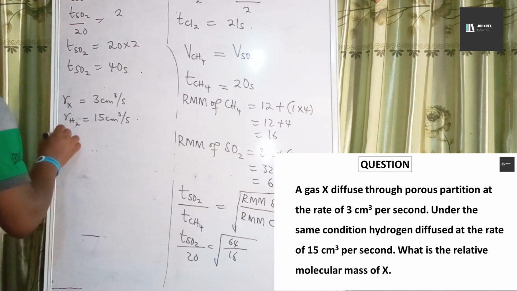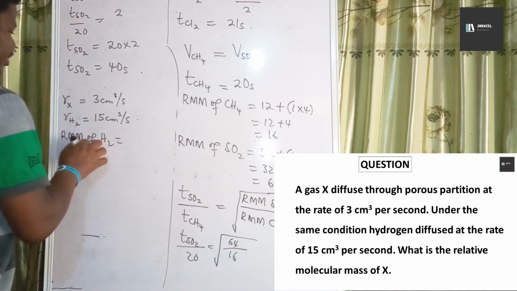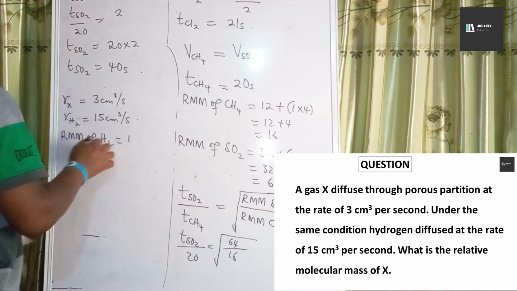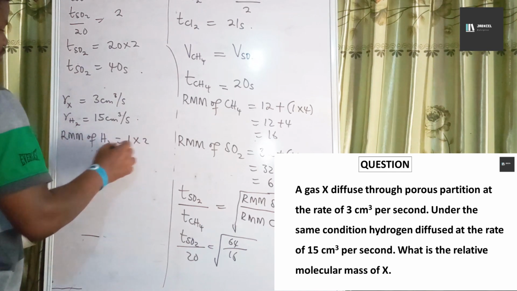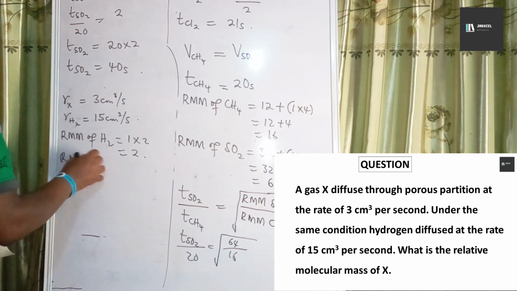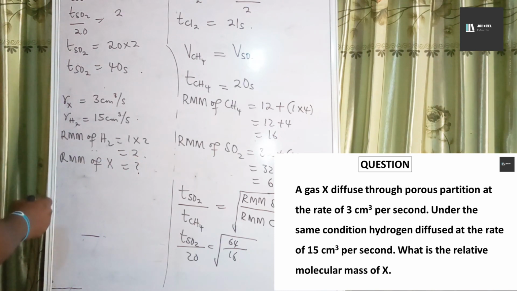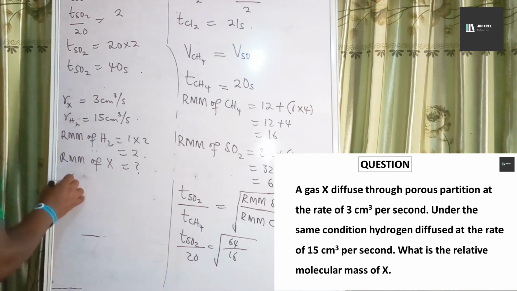So we know the relative molecular mass of hydrogen to be, hydrogen atomic mass is 1 and we have 2 atoms of it, so 1 times 2, that's 2. But we don't know the relative molecular mass of gas X. That's what we are looking for. So we have it in one of those formulae we outlined the other time.